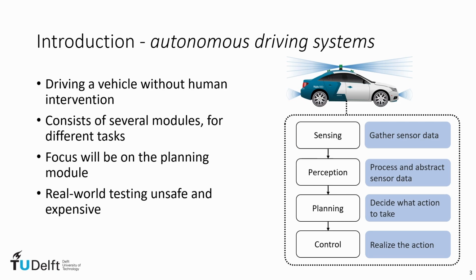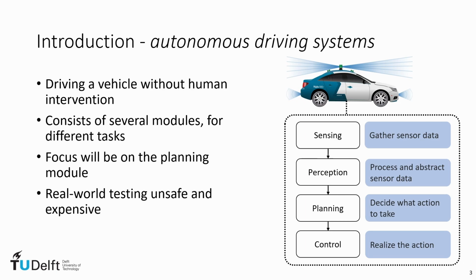And an autonomous driving system usually consists of several modules, and these modules are all responsible for different tasks. So for instance, on the right, I've shown four of the main modules. First one is the sensing module. It gathers sensor data, gives this data to the perception module, which then processes and abstracts this sensor data into information.